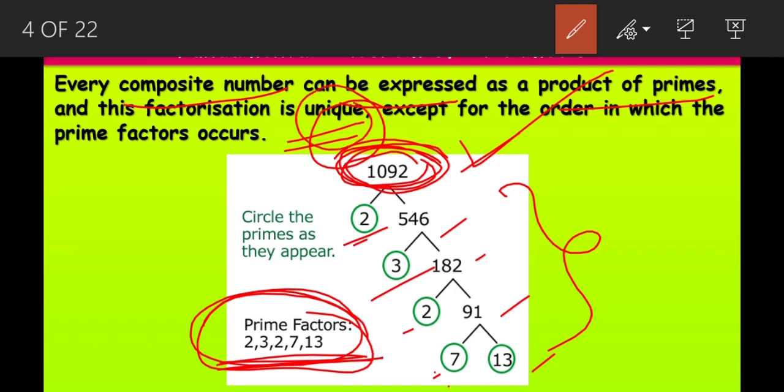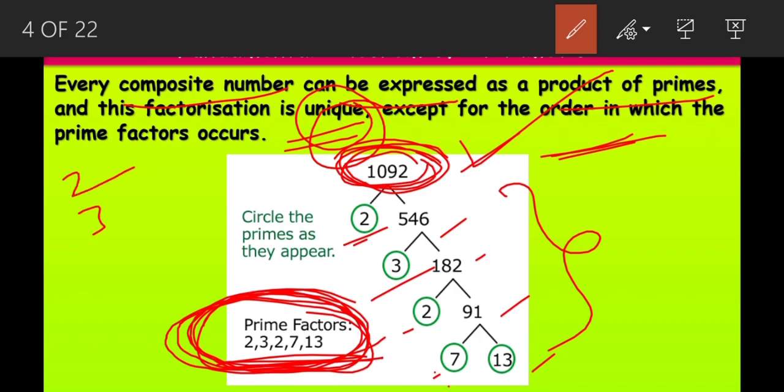It means only one such expression will exist, except for the order in which the prime factors occur, which may change. The elements in the product of prime factors are unique, but we may change the order.